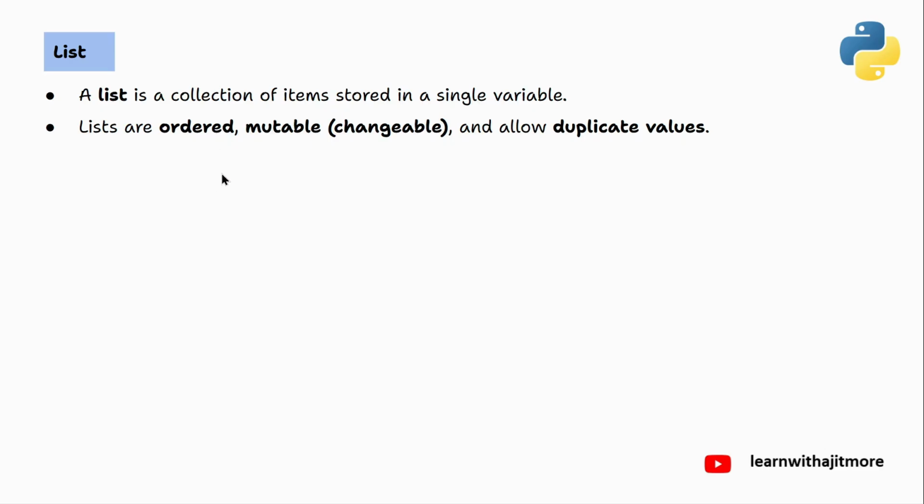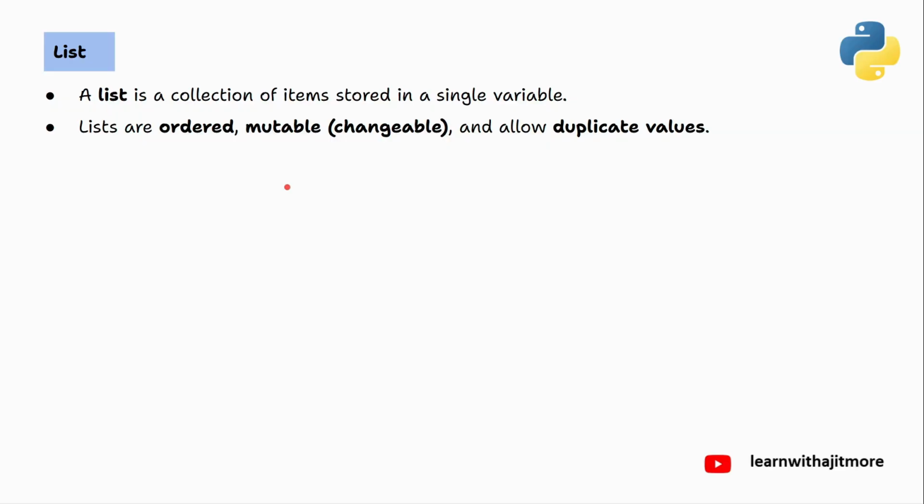Ordered in the sense every item in that collection is going to have a position, and it will have an index. They will have a strict position. Therefore, it is called ordered. Mutable in the sense you can change it, and it can have repeated values, duplicate values allowed. Okay, it is not like set, which we are going to learn as well, where duplicate elements are not allowed.